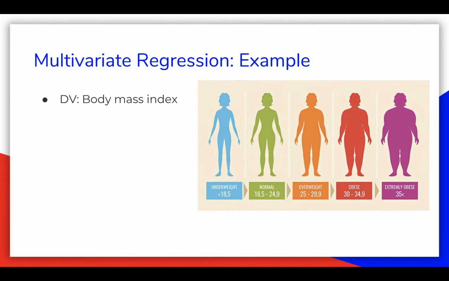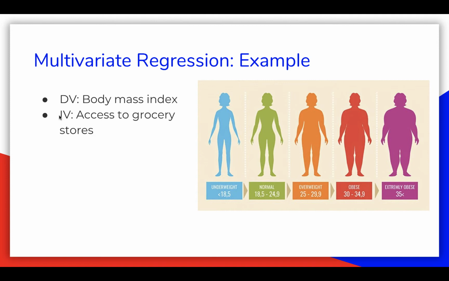We might survey 1,000 people, and I'm specifically interested in whether someone's BMI is affected by access to grocery stores. This is my variable of theoretical interest, right?